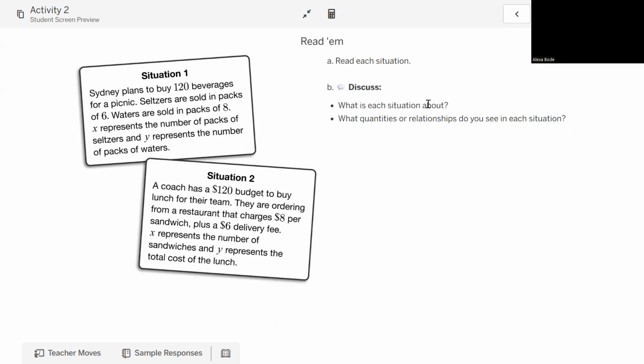So here we have two different situations. You have these two situations on your worksheet. And on my next screen, it's going to be a card sort. On your paper, you have the images that will be in my card sort, and you're going to tell me which one goes into which situation.